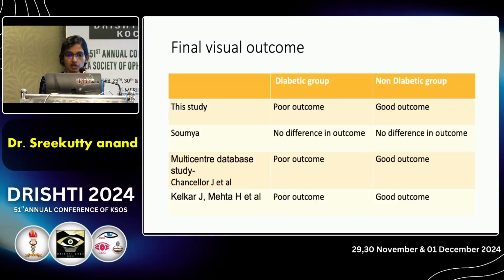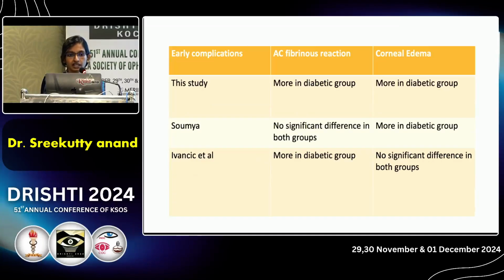The final visual outcome was poorer in the diabetic group in this study, as in a multicentric database study by Chancellor et al. and Kelkar and Mehta et al. The study by Soumya showed no significant difference in outcome in both groups. Early complications like anterior chamber fibrinous reaction were more common in this study, similar to a study by Ivancic et al.